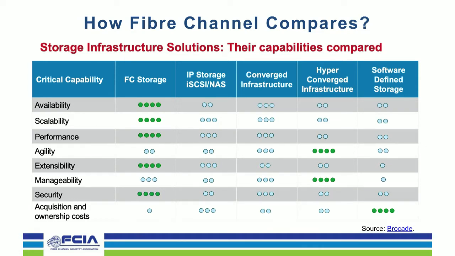We understand, and a lot of our customers understand, that acquisition and ownership cost of Fibre Channel SANs could be higher than other options, but at the end of the day, the cost delta brings in a tremendous value in terms of availability and performance for enterprise applications that rely on Fibre Channel storage and transport to storage.